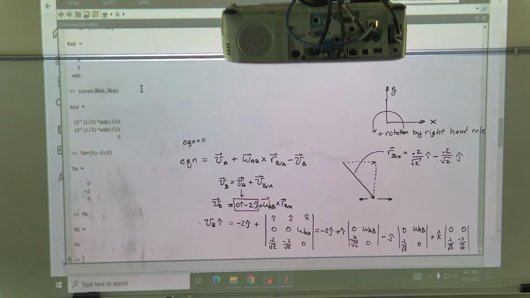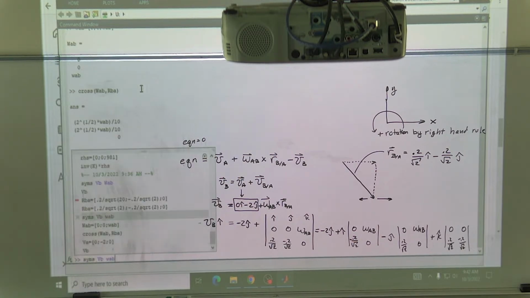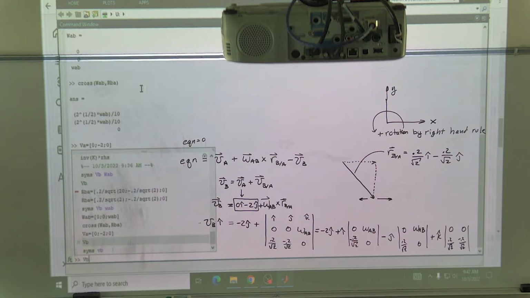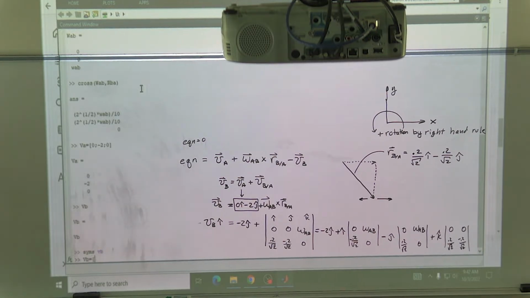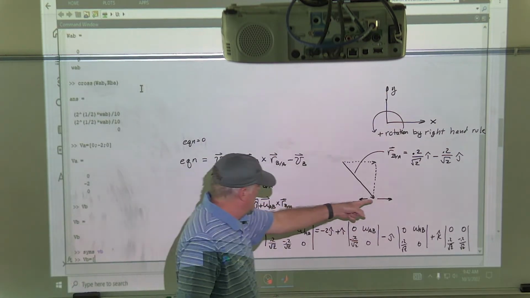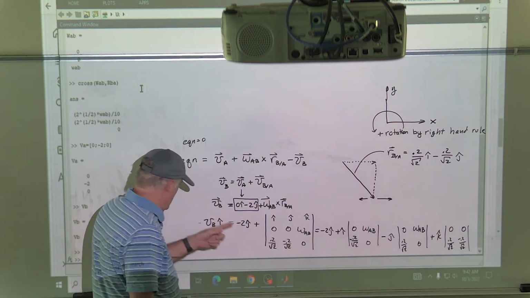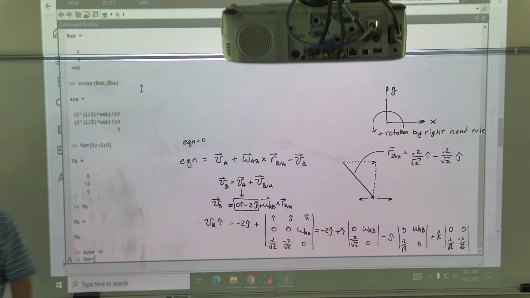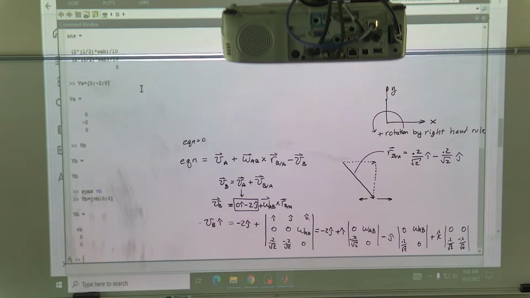And my VB, okay, I'm going to go ahead and do a symbolic and change that one to a lowercase as well. And I'll say my VB is equal to, it only goes to the right. So it'll be a symbolic VB for the I component, nothing, nothing. Now I can write the equation.